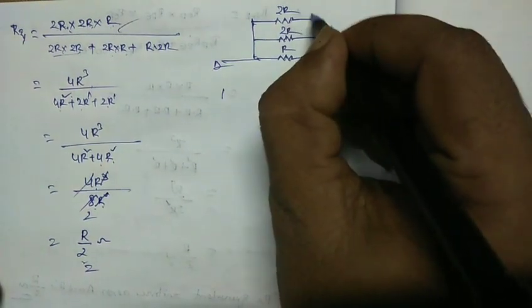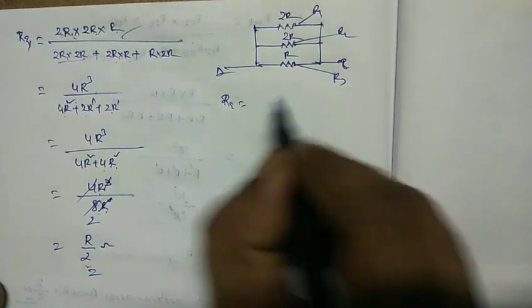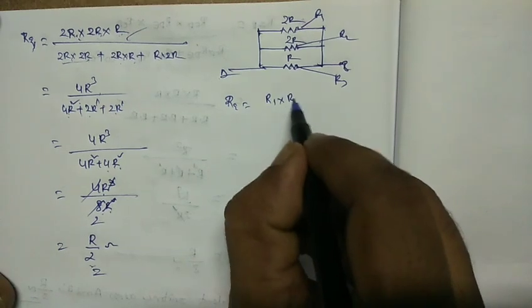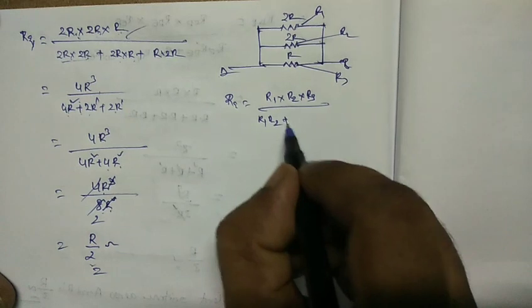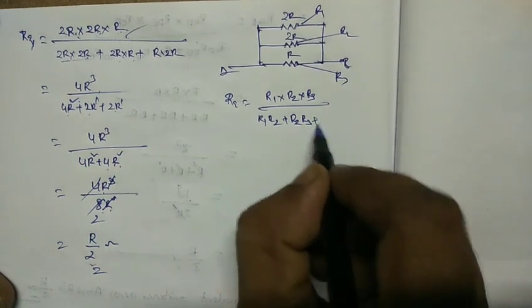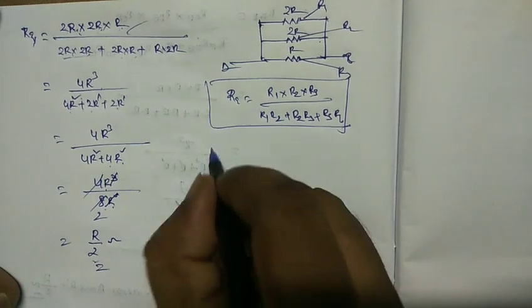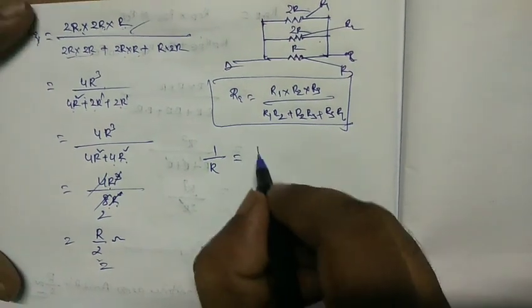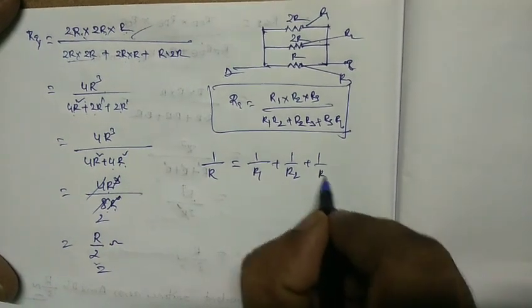This is the formula. Let this be R1, this R2, and this R3. Therefore R equivalent is R1 R2 R3 by R1 R2 plus R2 R3 plus R3 R1. How does this formula come? See here, 1 by R is equal to 1 by R1 plus 1 by R2 plus 1 by R3.